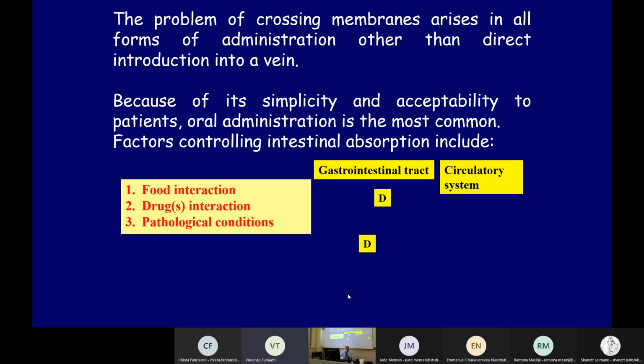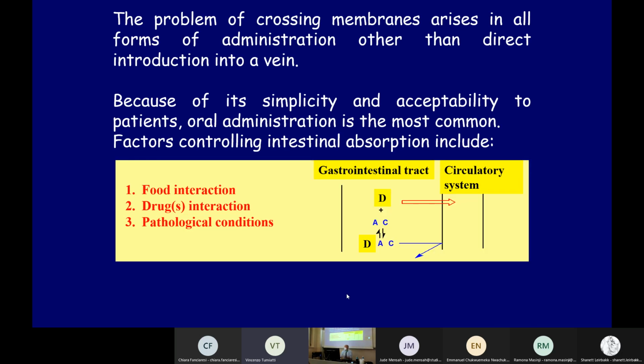And how can a drug cross the intestine membranes? Which are the problems that can limit the absorption of particular drugs in the intestine?